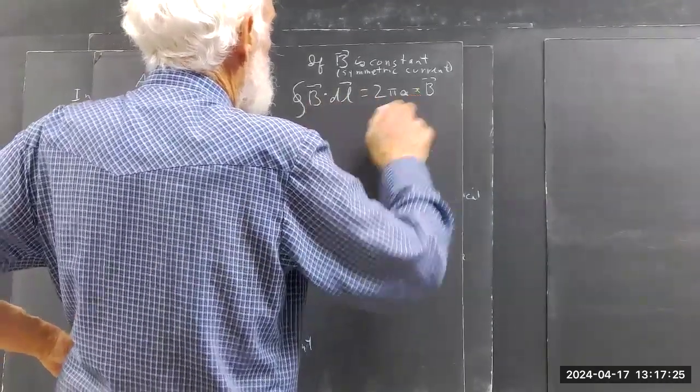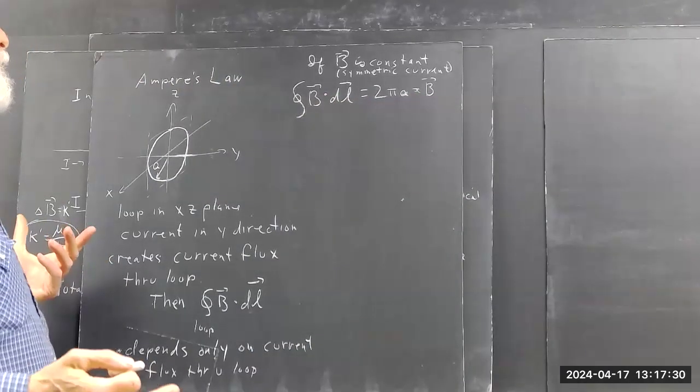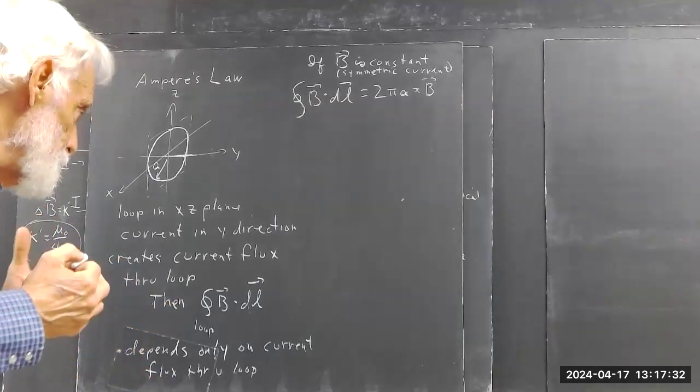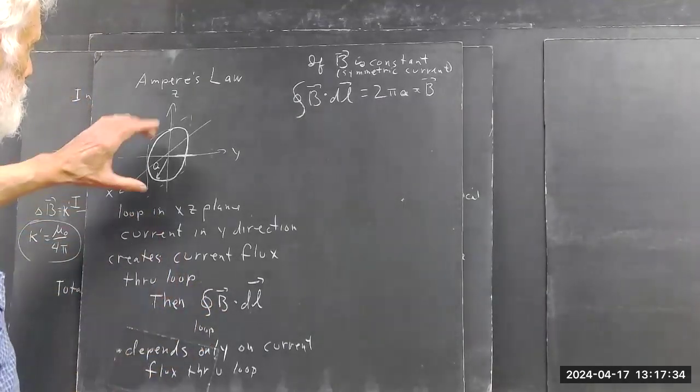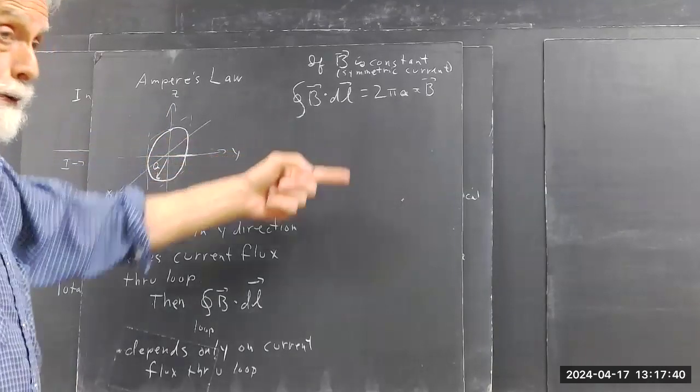Then this is equal to 2 pi a times B, which means that it's as if all the current within this loop was just a line current along the y-axis.